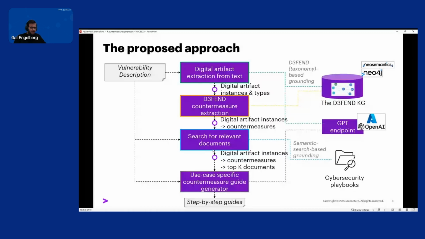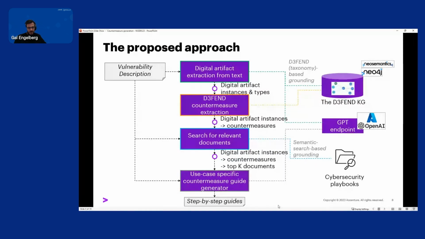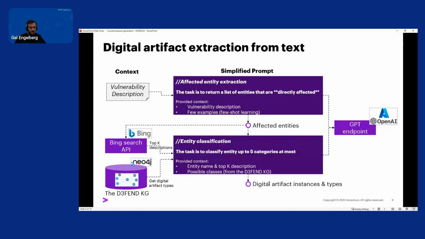So eventually, after we've done all of these steps, we take the digital artifact instances, their corresponding countermeasures, and the top K documents extracted from the cybersecurity playbooks, and we run a generation task in order to create the step-by-step guide.